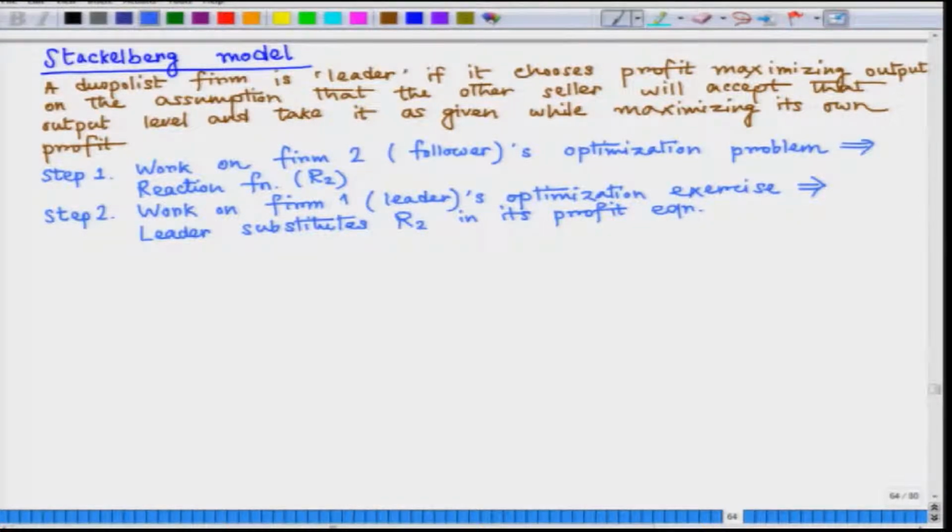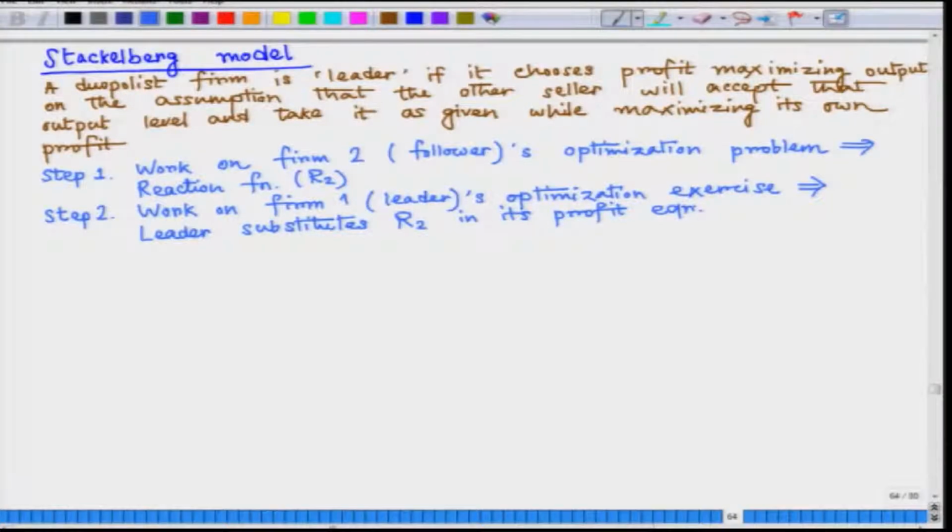Okay. To solve a Stackelberg model will be very complicated if we do not assume a functional form. So, for simplicity, let us assume some functional forms, and this simplification will also help us to compare the Cournot model outcome with the Stackelberg model outcome.